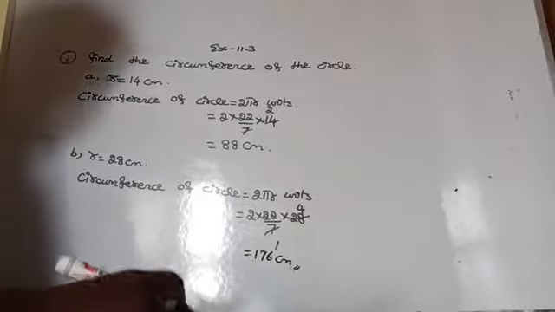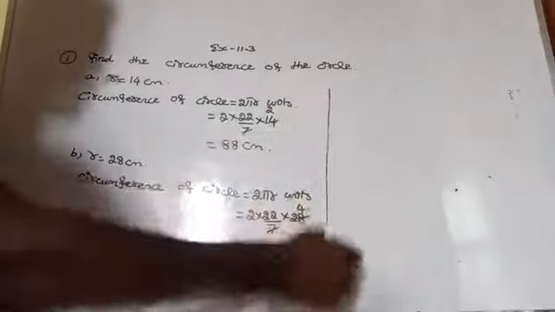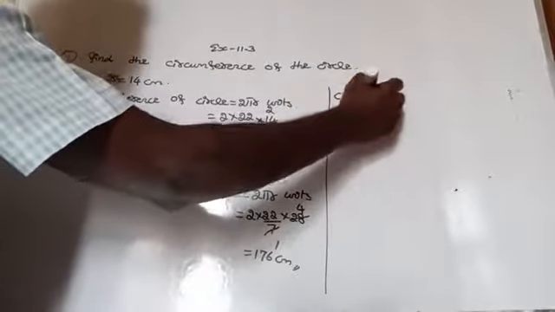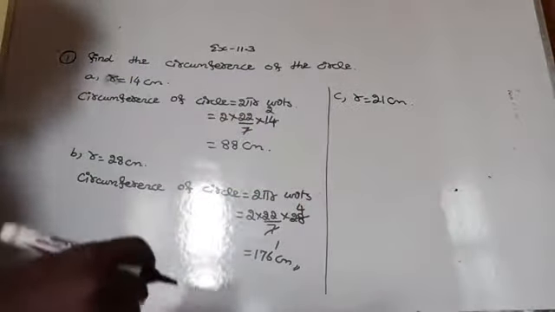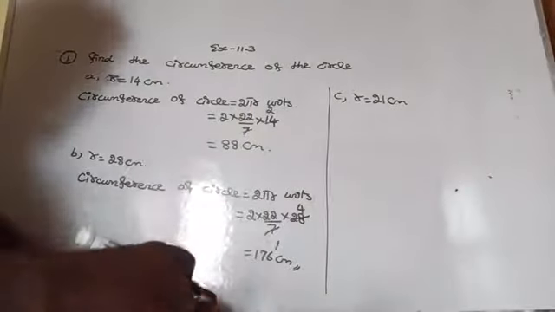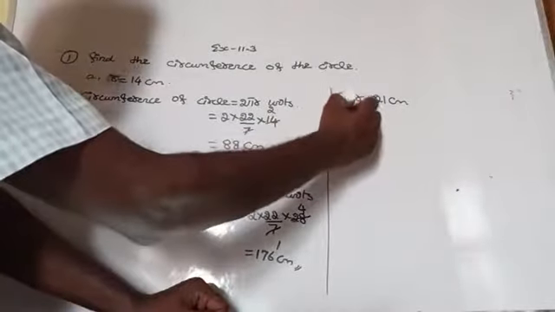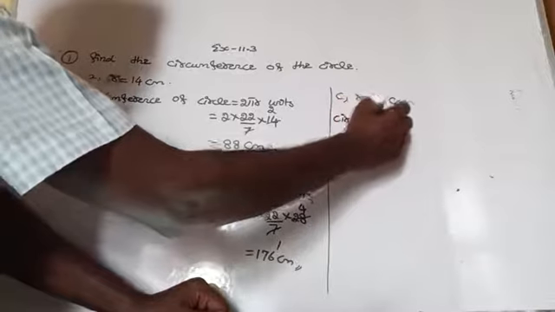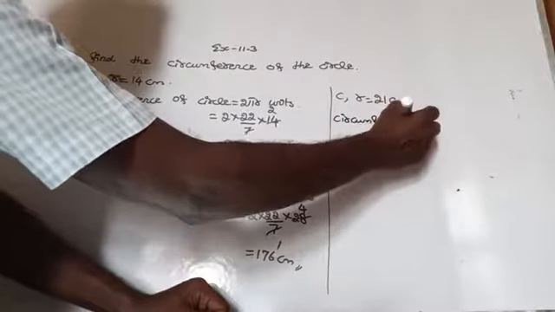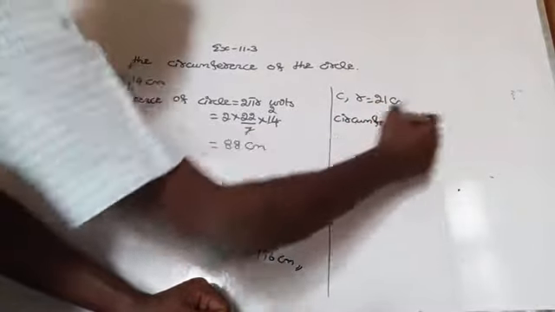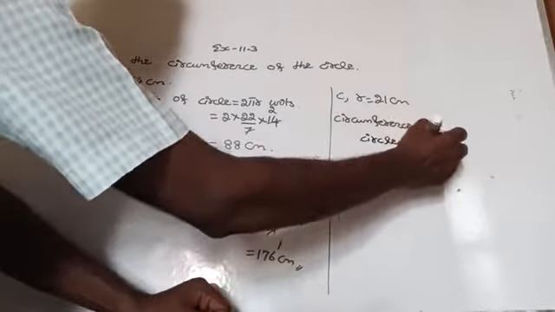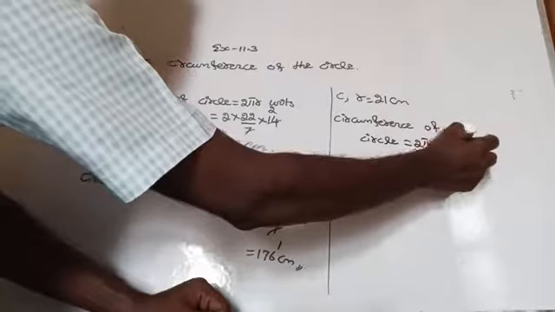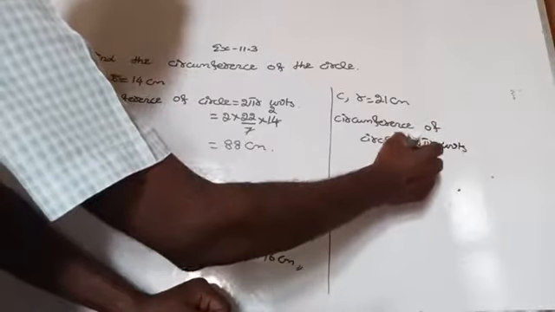Now subdivision C, the radius is given 21 centimeter. You have to find the circumference only. So the circumference of circle is 2 pi r units, that is 2 into 22 by 7.